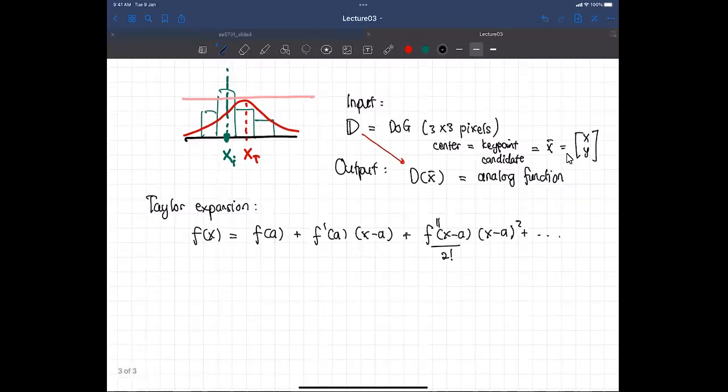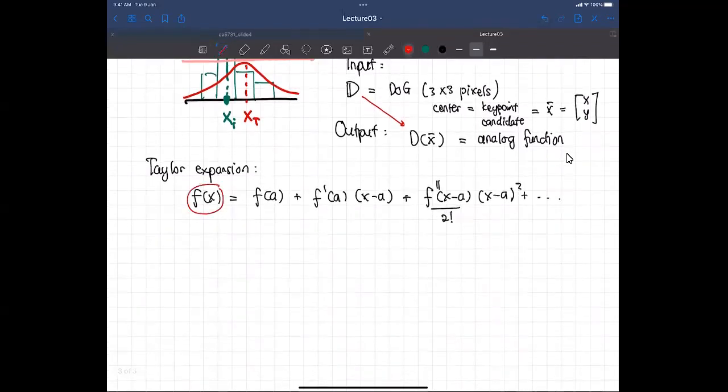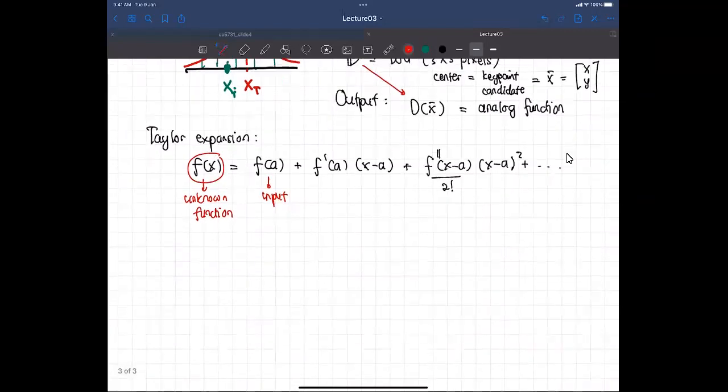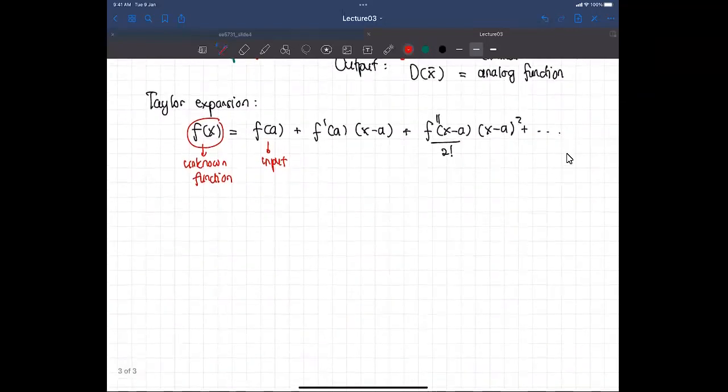So in this case, for the standard formulation here, f(x) is the unknown signals, unknown function. Right? So this one is like our D, our output. And f(a) here is the discrete one. So this is our input. We know this, right? Because we know a. If we know a, and f(a) is given to us, then we know this item there. So what is the meaning of this, right? Okay, so let's discuss a bit about the meaning of this, so then we can have the intuition behind.